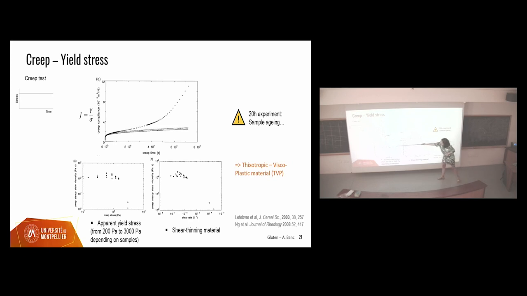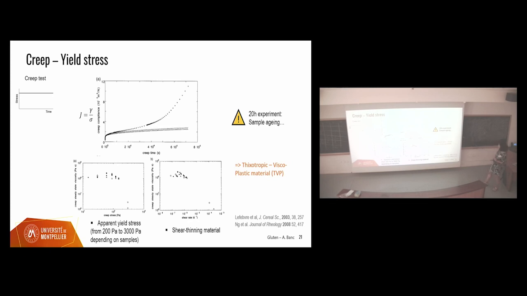Here, you can see the evolution of viscosity as a function of creep test. And here, you can define the shear thinning behavior of this sample. However, we have to be careful because we know that our sample ages, and this kind of experiment lasts about 20 hours. So we know that we have an evolution of the sample during this kind of measurement.